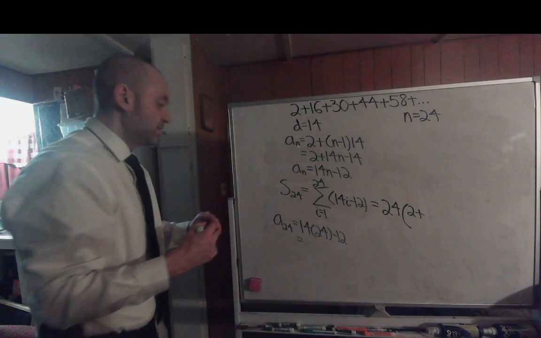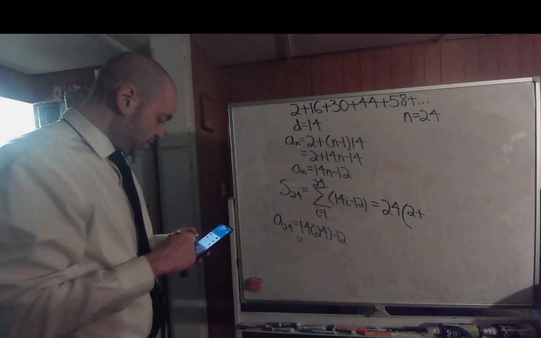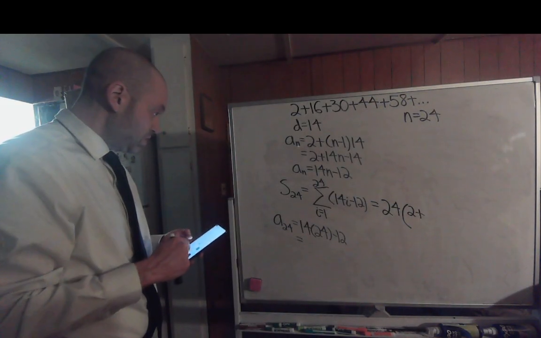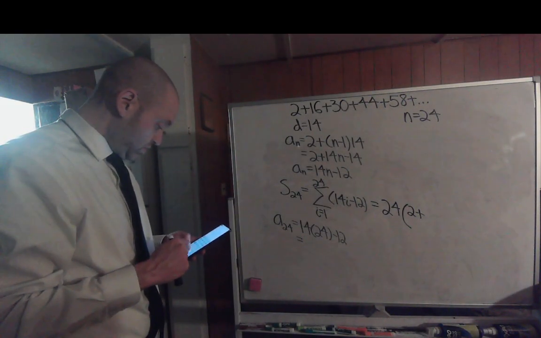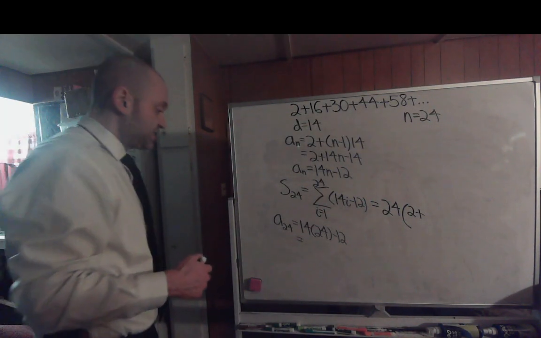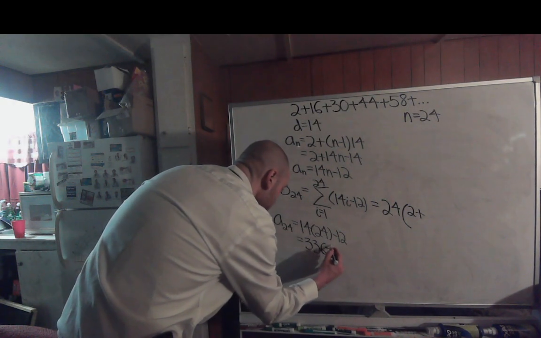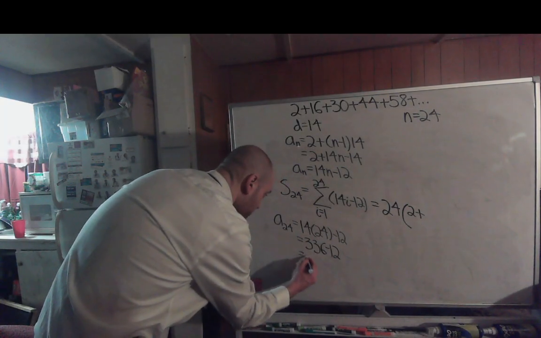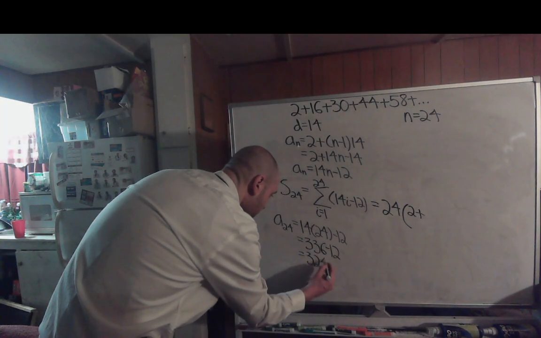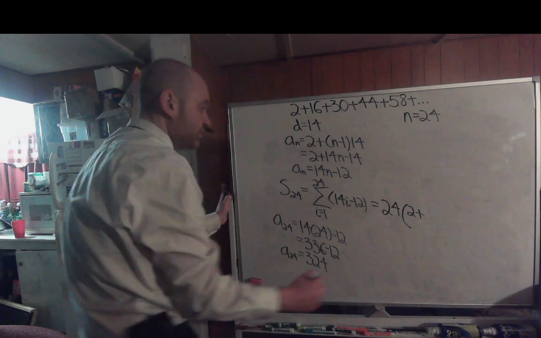So this will be a fun one here. So that would be 336 minus 12, which then would equal 324. So your 24th term equals 324.